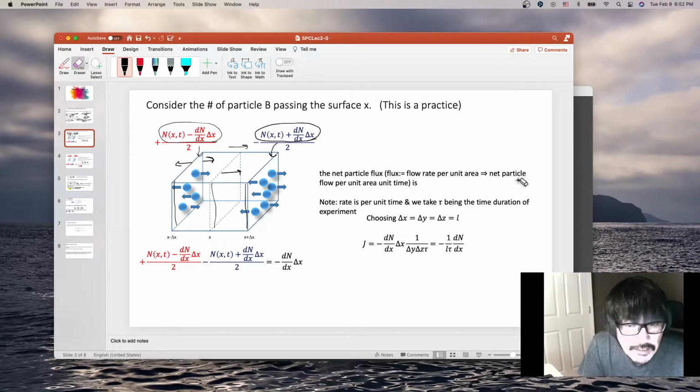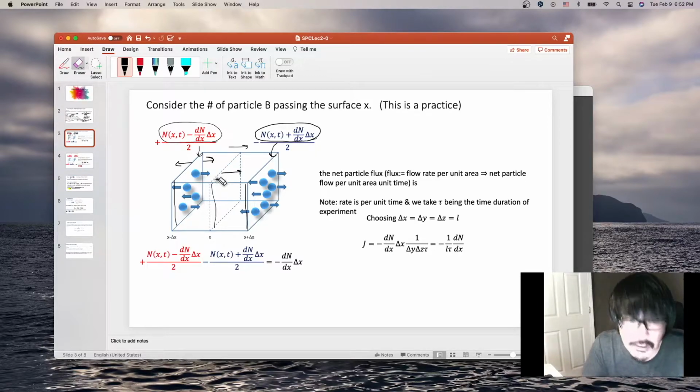The net particle flow per unit area per unit time. The rate is per unit time, right? So, say we actually do this experiment, an experimental measurement, using the tau.